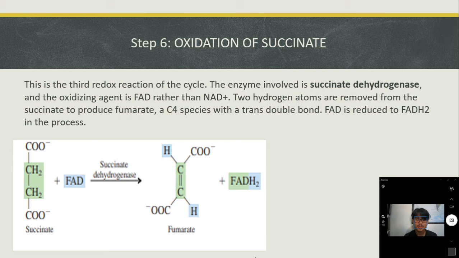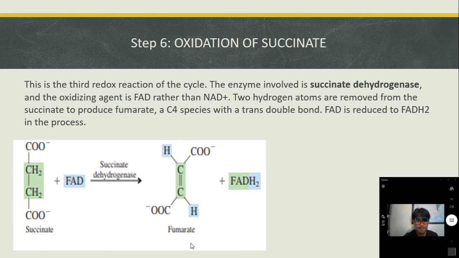FAD is reduced to FADH2 in the process. Fumarate with a trans double bond is an essential metabolic intermediate in both plants and animals, and its isomer with a cis double bond is called maleate, and it's toxic and irritating to tissue. Succinate dehydrogenase produces only the trans isomer of this unsaturated diacid.